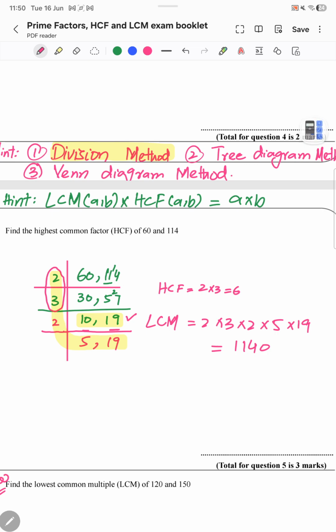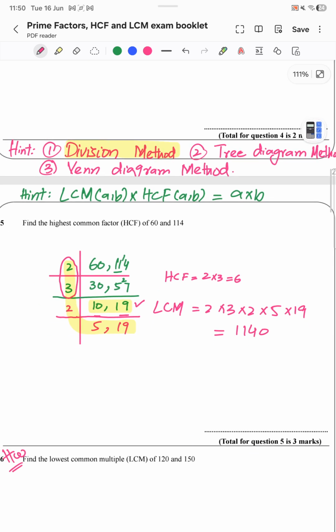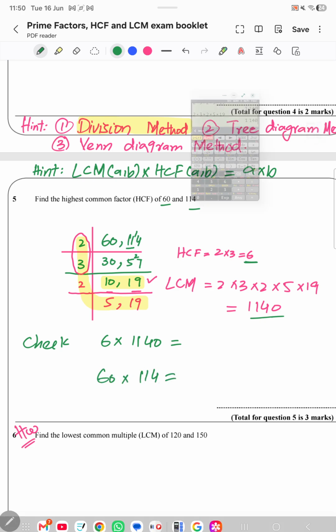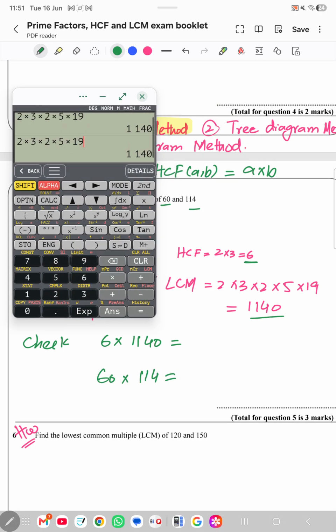We are done with the solution, but if you want to see whether the solution is correct or not, for the check, you can multiply the HCF and the LCM together, so 6 times 1140, and multiply the given numbers 60 and 114 together, and it would be the same number if your solution is correct.